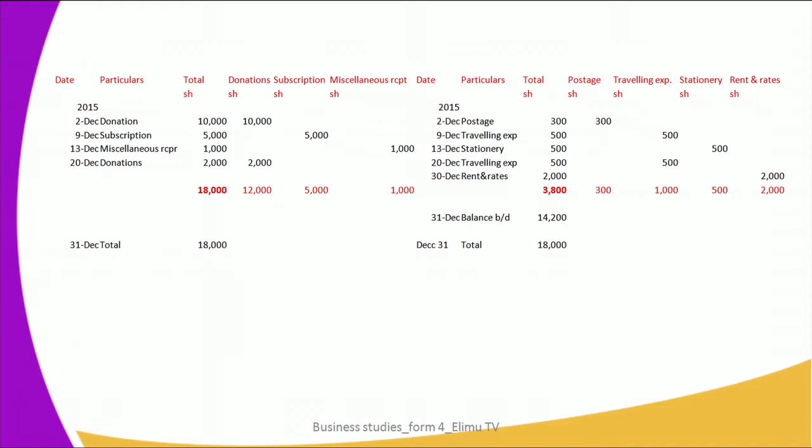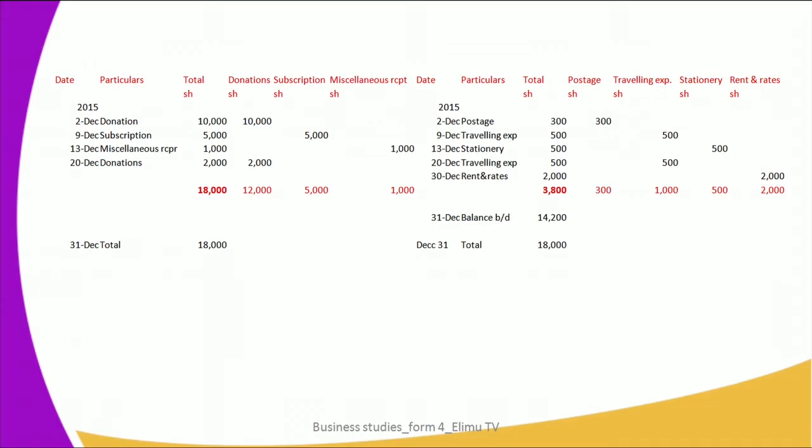Then on that side, you're supposed to have all the columns involving revenues. Then on the other side, you also have the date, particulars, the total column, and all the columns that involve expenses. So that's what you are supposed to note.